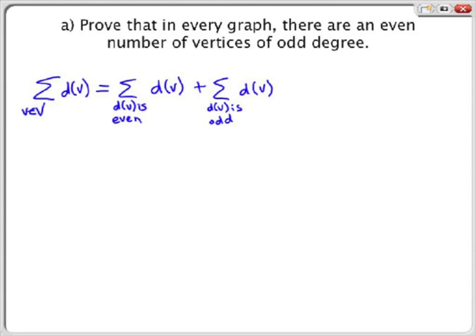The first summand on the right-hand side is even, since it is a sum of even values. So the second summand on the right-hand side must also be even. But since it is entirely a sum of odd values, it must contain an even number of terms. That is, there must be an even number of vertices with odd degree.